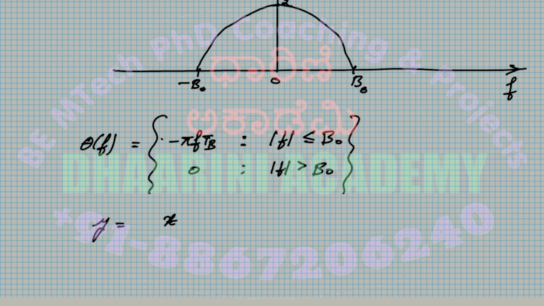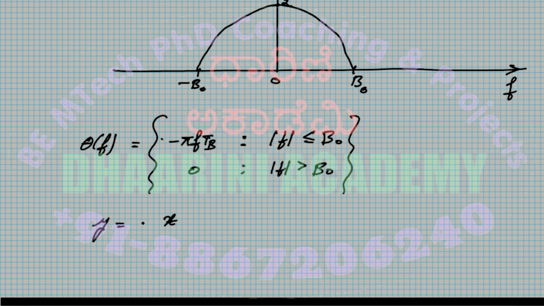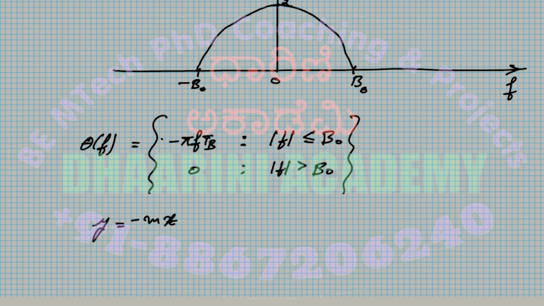Because for a given system, the bit duration is constant, tb is a constant, pi is 3.14, only it is negative. So you see it is something like y is equal to minus m into x. Are you okay? This equation, theta of f is equal to minus pi f tb, I'm going to say is a straight line. Are you okay with that?